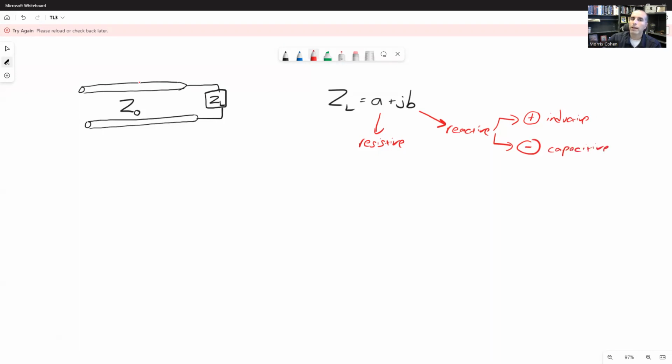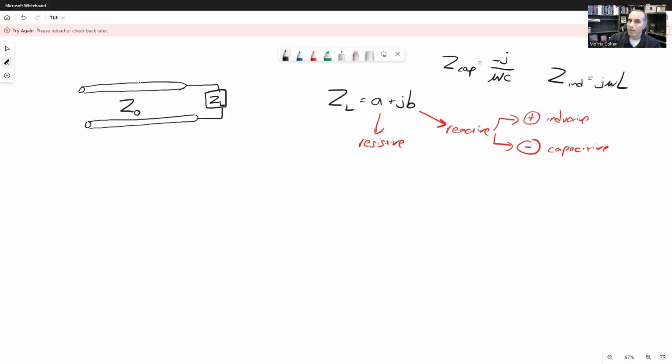We're calling that the equivalent impedance of a capacitor is negative J over omega C, and the equivalent impedance of an inductor equals J omega times L, the inductance. So whatever is the value of the imaginary part of the impedance, you can basically convert that back and forth to an equivalent capacitor or an equivalent inductor, depending on whether it's positive or negative.